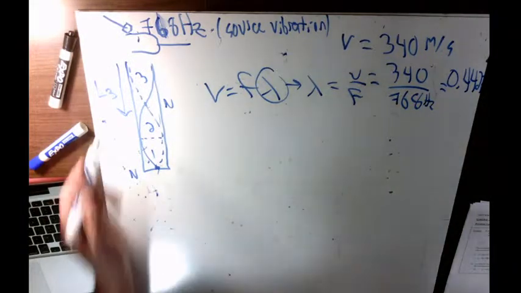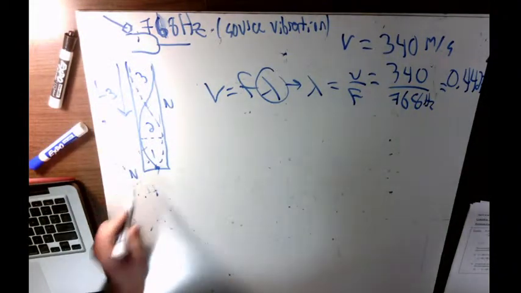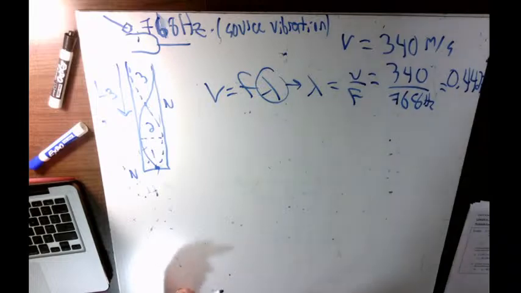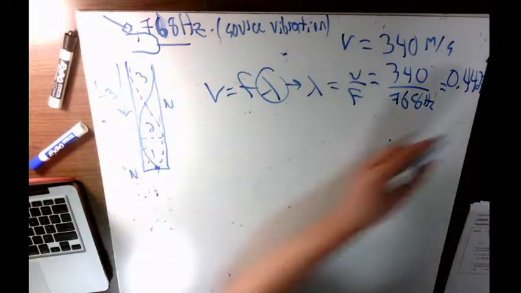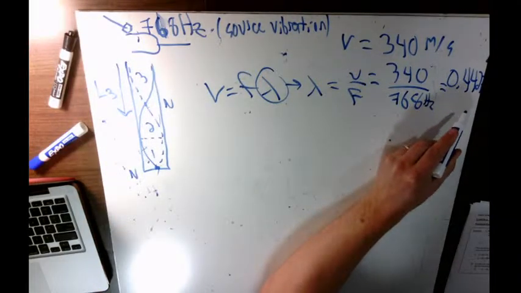So we're looking for the length of this if we were in the third harmonic. So the wavelength is constant, and we're going to just lengthen the tube. So the wave here is always going to be 0.4427 meters.